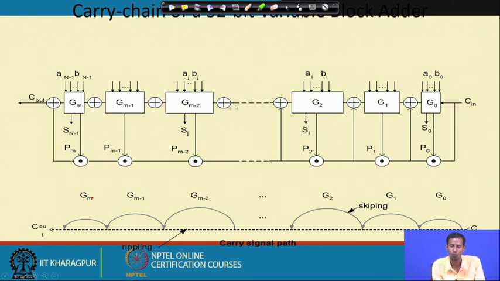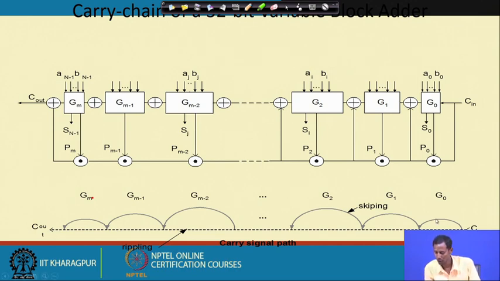Here we are skipping: whenever the carry is generated, we skip the next stage. We have to generate the carry in each of these groups, and based on the logic, whenever the carry is generated at a group, it can skip that particular logic, as has been discussed.